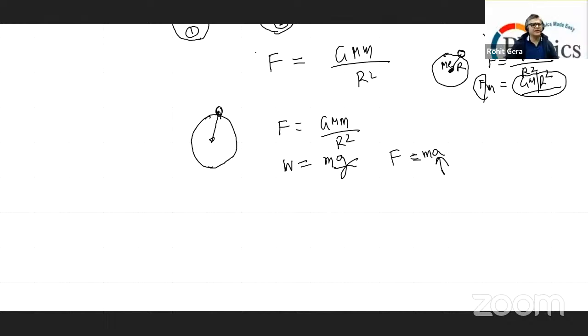So while it is appearing to be stationary, it is actually still experiencing g. That force which it is experiencing is also written like this. ये भी अर्थ की वजह से ही है, weight.